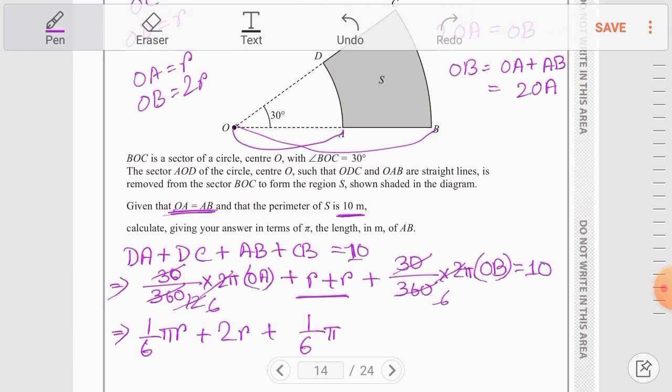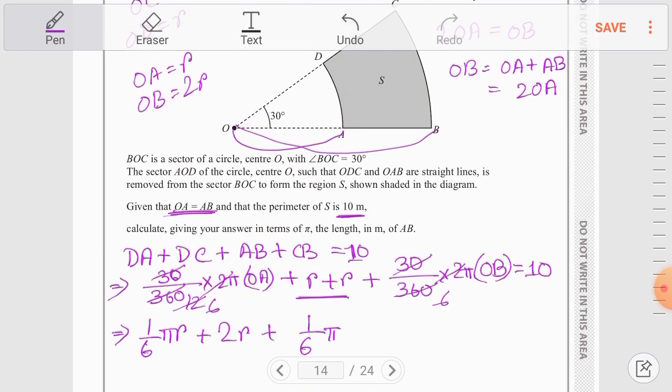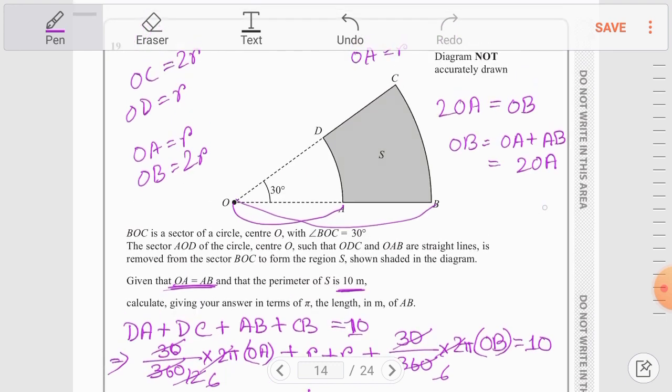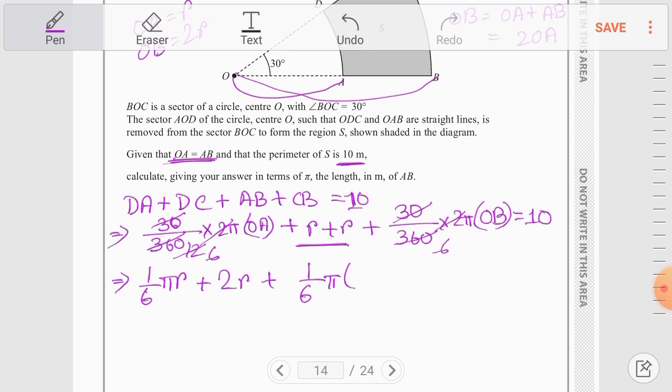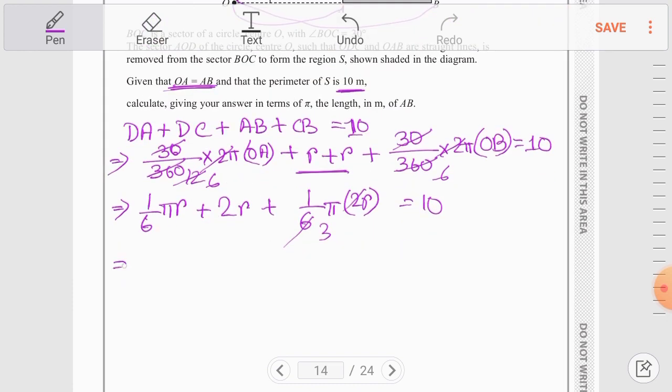We have already seen that OB was equal to 2OA, so we can write this as 2r, and 2 divided by 6 is 3, so the next line would look like 1 by 6 pi r plus 2r plus 1 by 3 pi r is equal to 10.